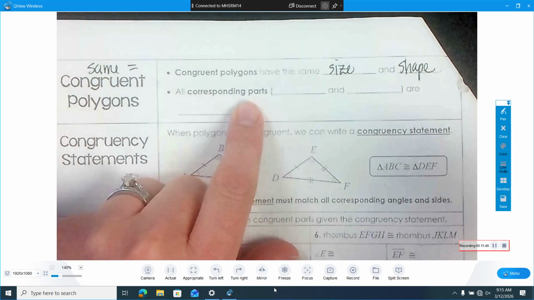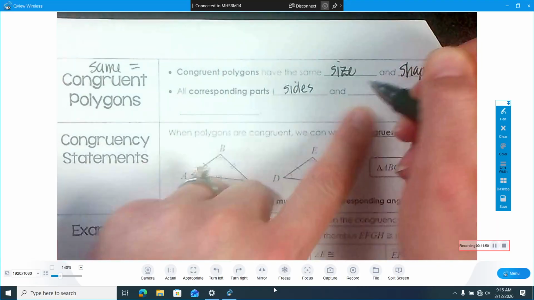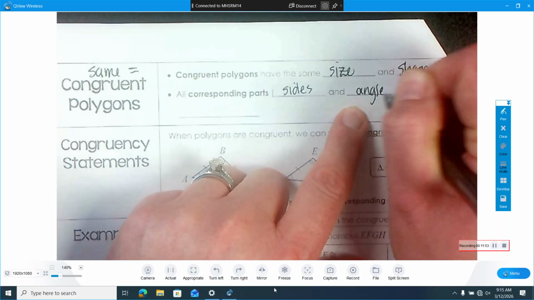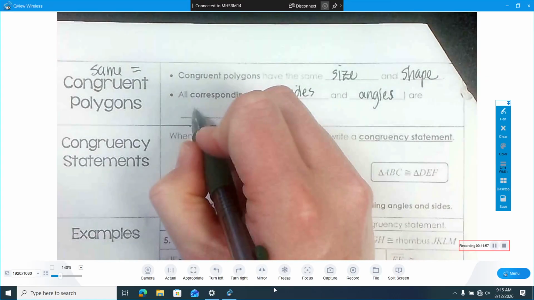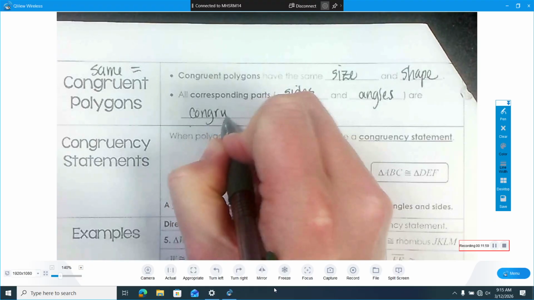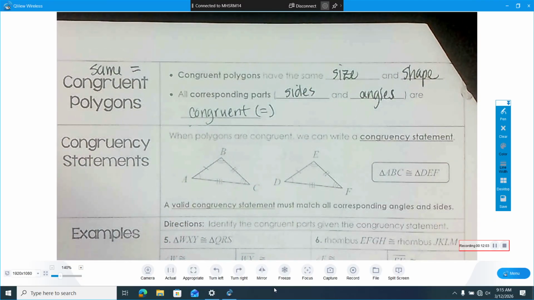All corresponding parts, meaning all sides and angles, are congruent, which in simple terms really just means that they're equal, okay?